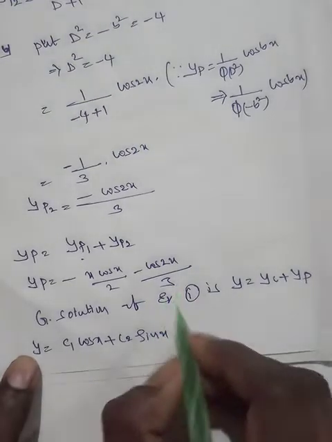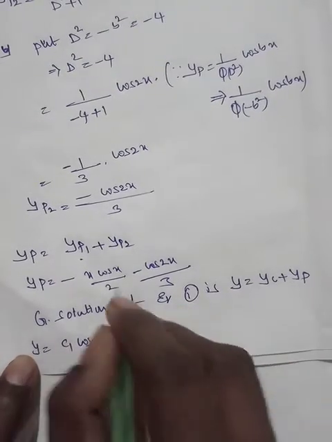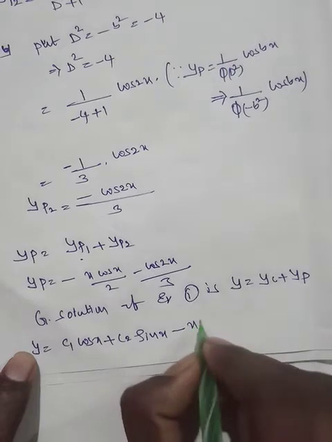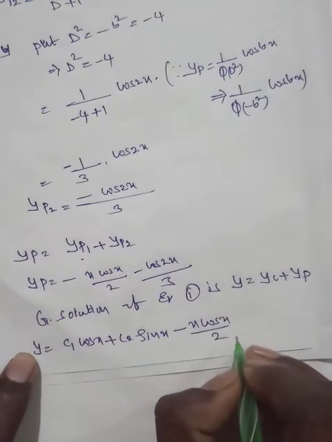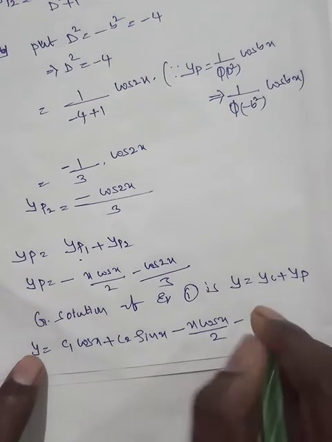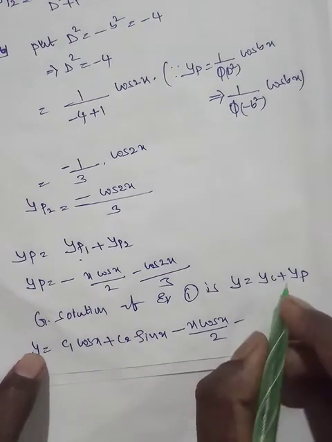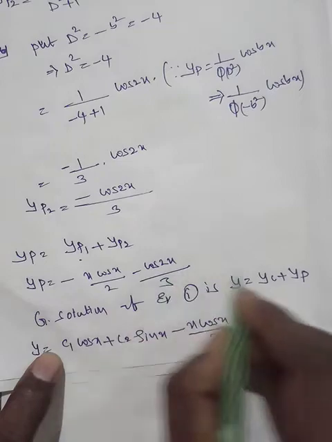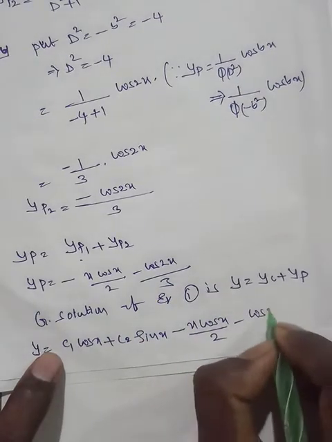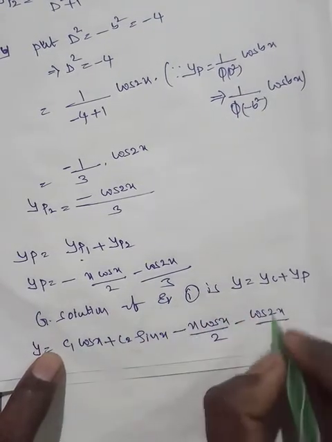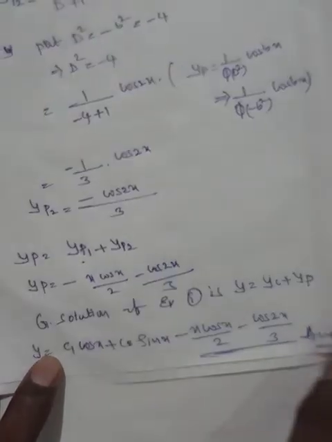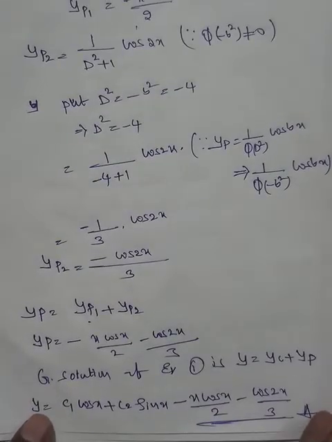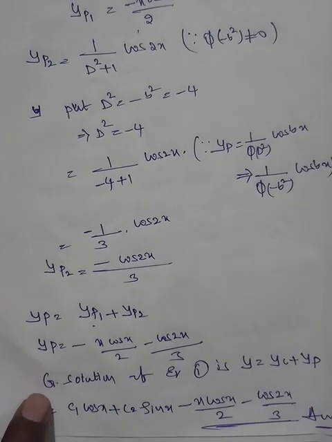Now yp equals minus x cos x by 2 minus cos 2x by 3. So this will be the required solution for the given differential equation. Clear? Right. Thank you.